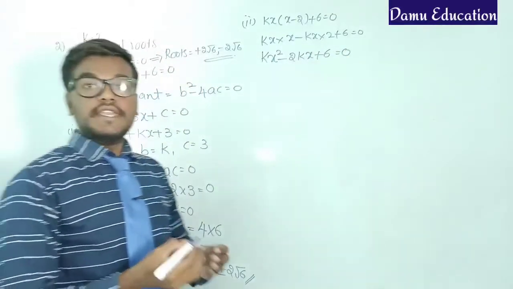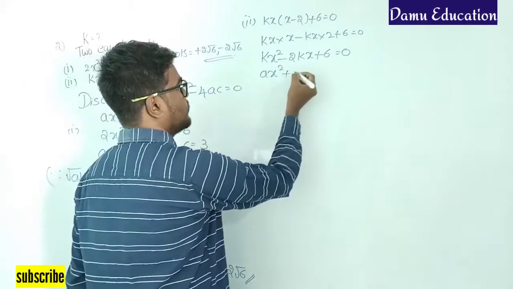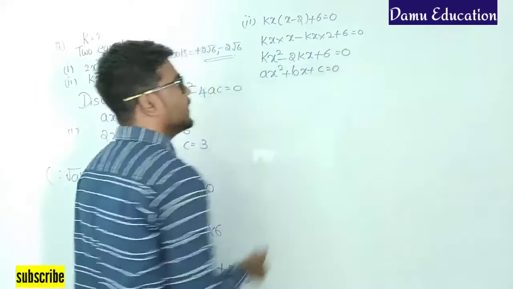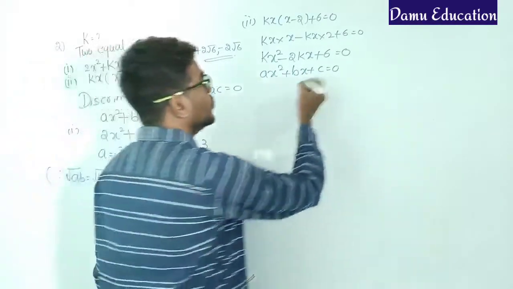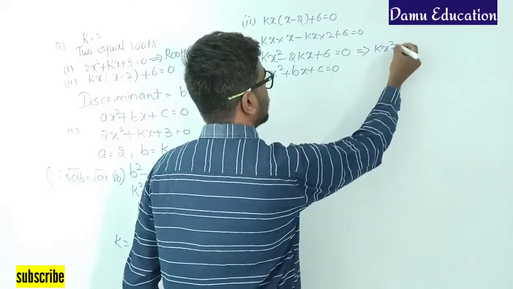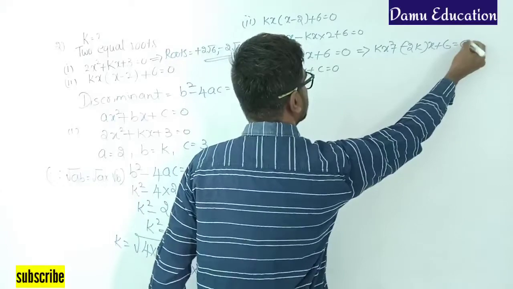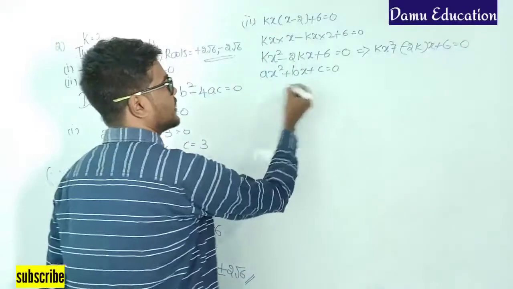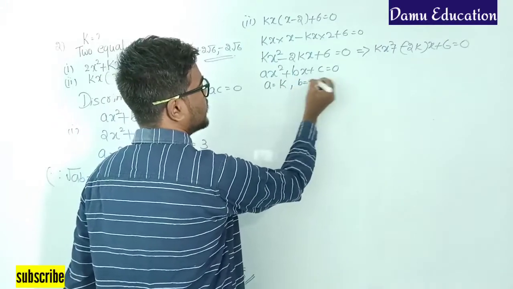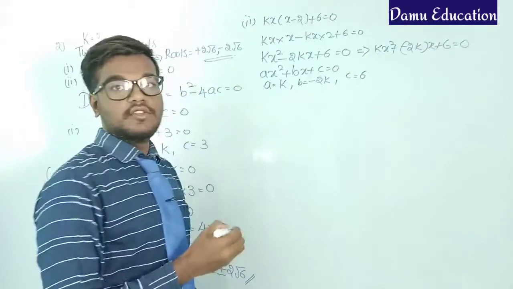Comparing with ax square plus bx plus c equal to 0, a is equal to k, b is equal to minus 2k, and c is equal to 6.